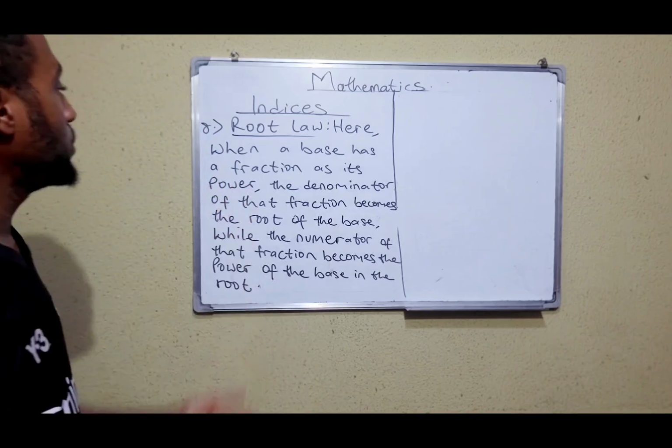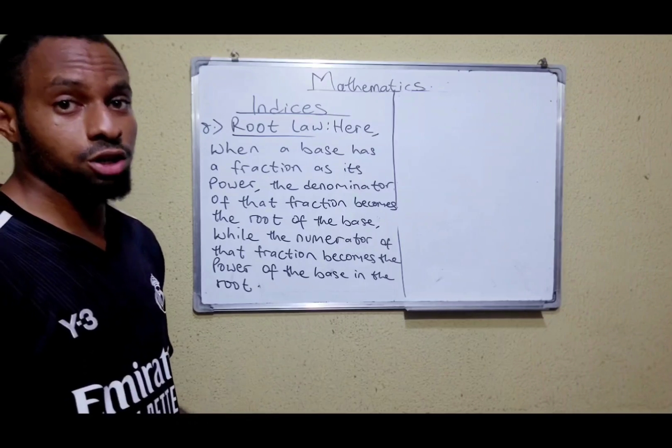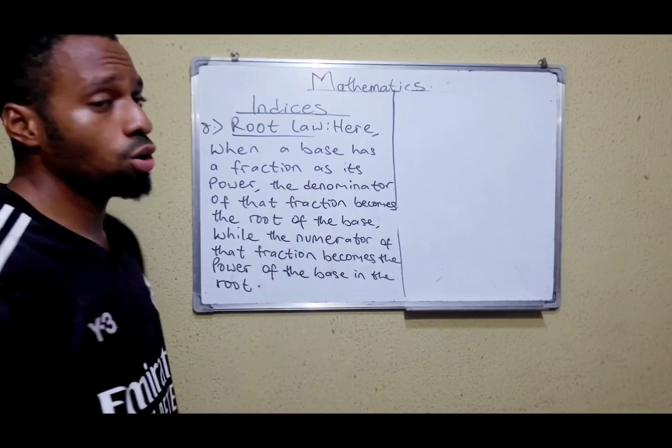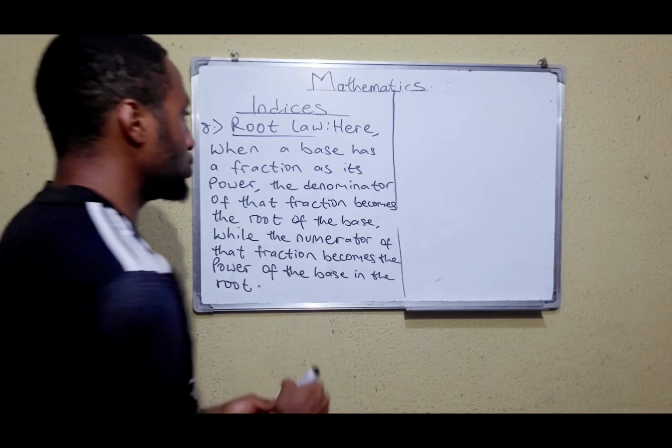Yes, here when a base has a fraction as its power, the denominator of that fraction becomes the root of that base, while the numerator of that fraction becomes the power of that base in the root.